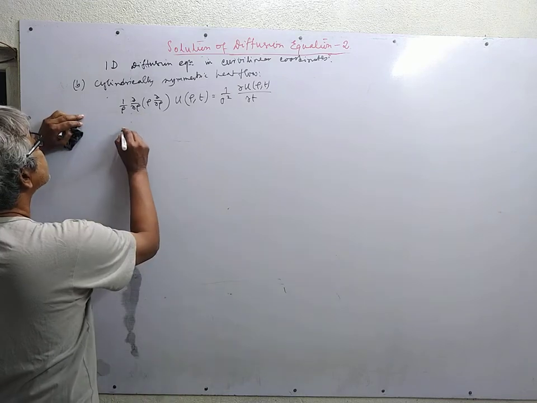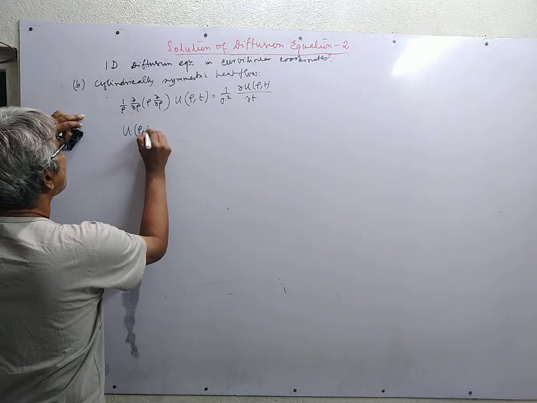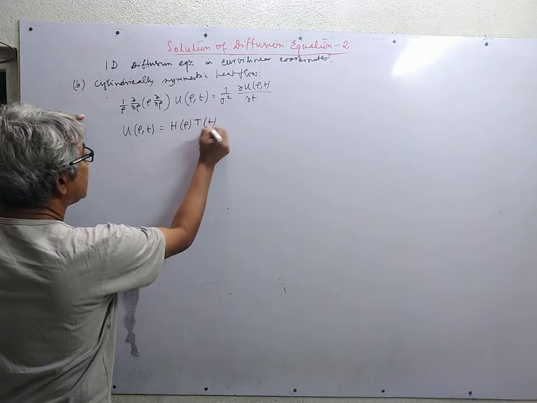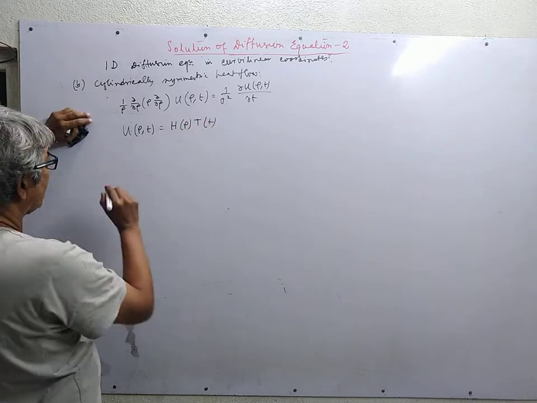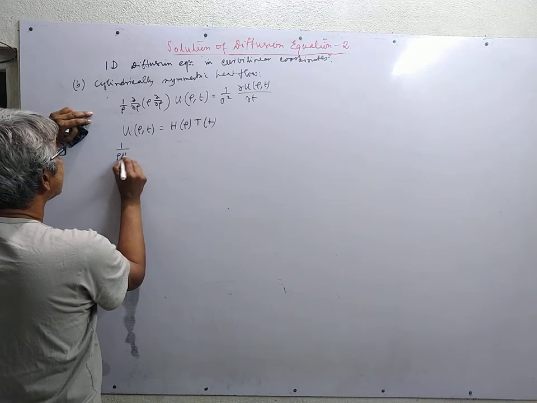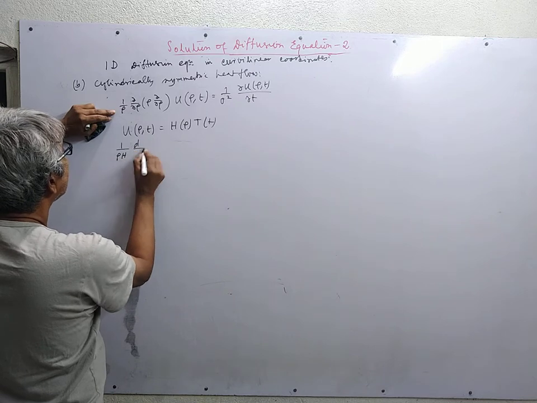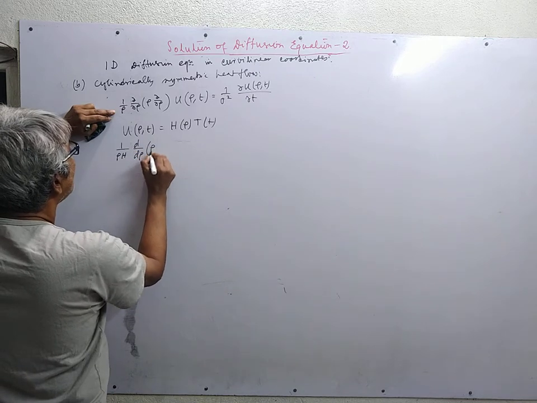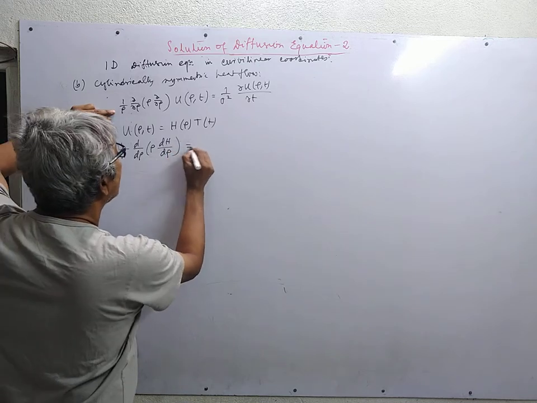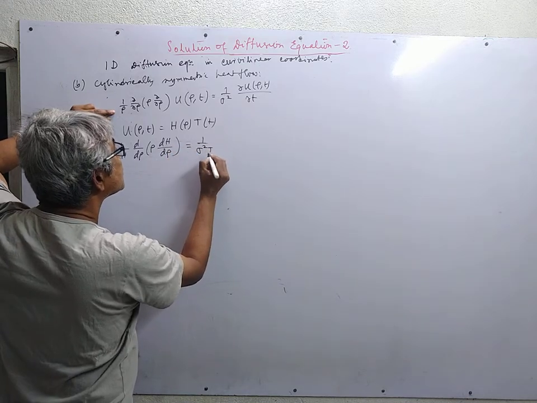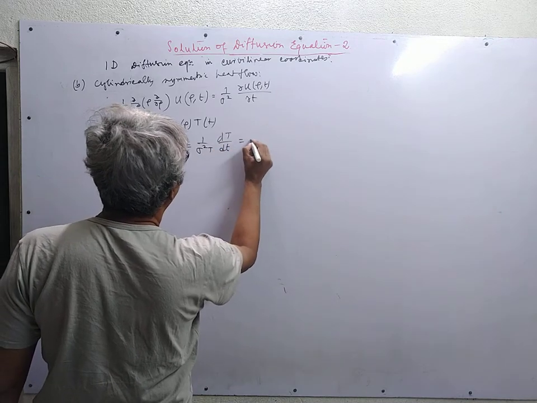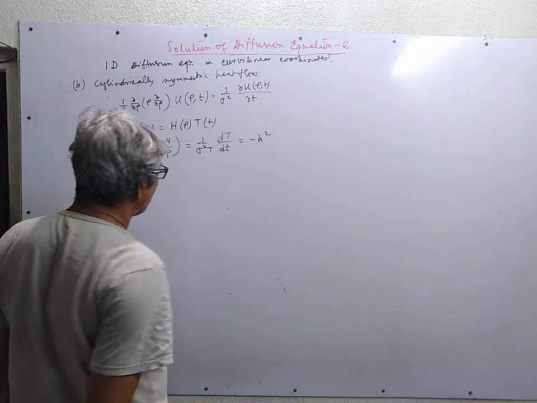and the solution u of rho,t is written as h of rho times t of t, and when we substitute this for non-trivial solution, this is 1 upon h d d rho of rho dh d rho is equal to 1 upon sigma square t dt dt, and the separation constant is minus k square.